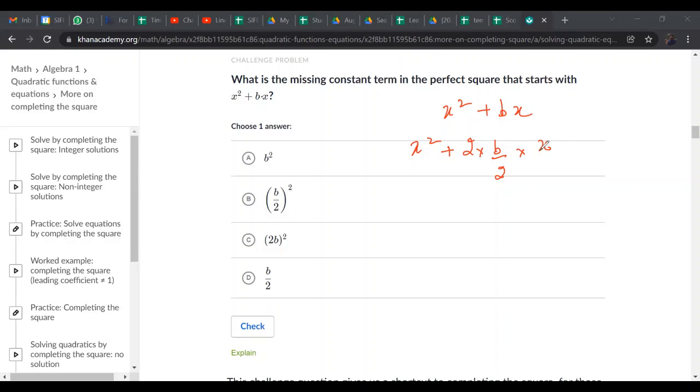When I cancel this, I will get this. So I am getting b by 2 as my m. Are we okay with that? So I have to add b by 2 whole square, which is b square by 4. You good? That's how we are thinking about this.